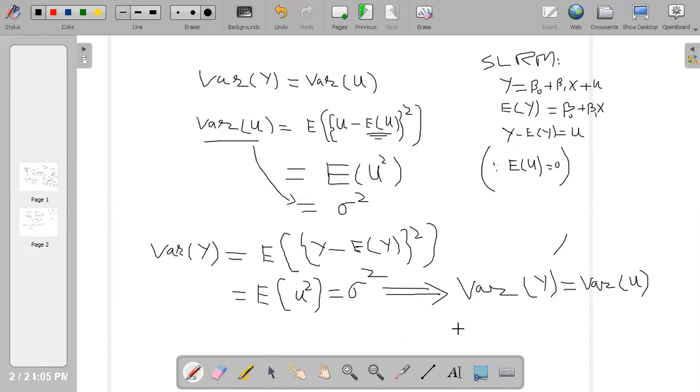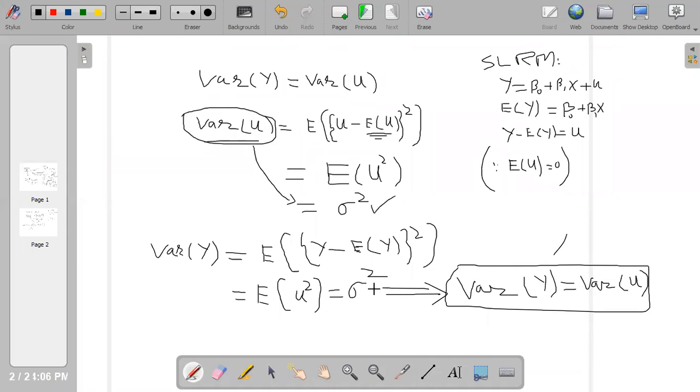Okay? Why I have actually given you this thing, although you are not required to go for this derivation, but this was just for your general knowledge, is that the assumption of homoscedasticity is assuming something regarding this, right? Homoscedasticity assumes that the variance of the disturbance term u is constant, represented by this sigma square.